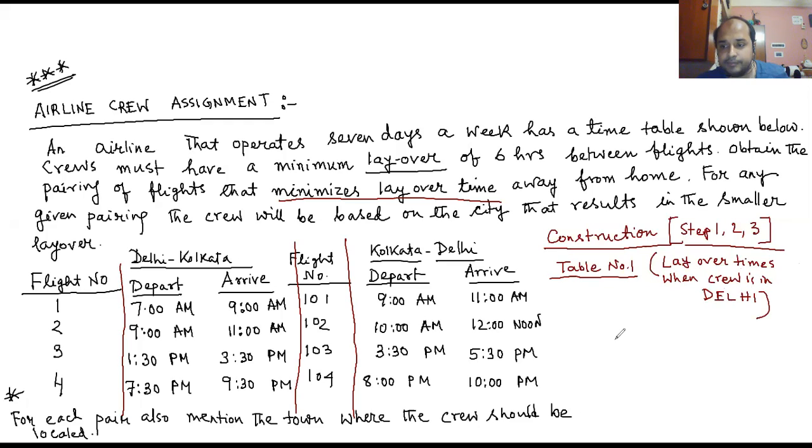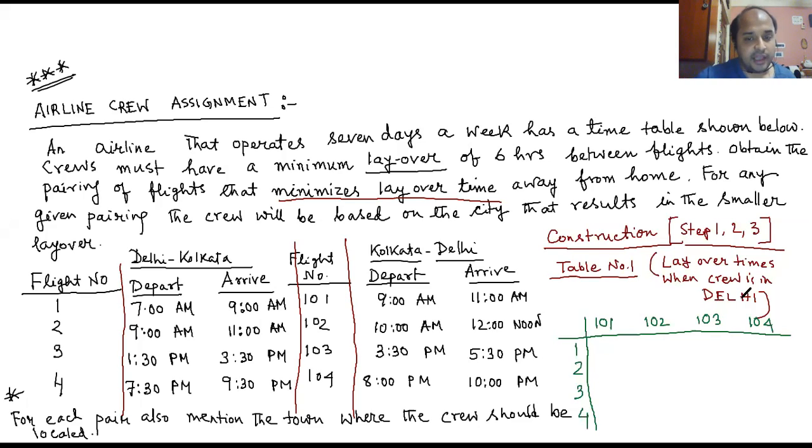Now carefully observe what I am doing. Let me write the matrix first of all, rows and columns. I'm going to assign flight to flight. Remember, the crew is now based in Delhi. So I'm going to construct my table 1.